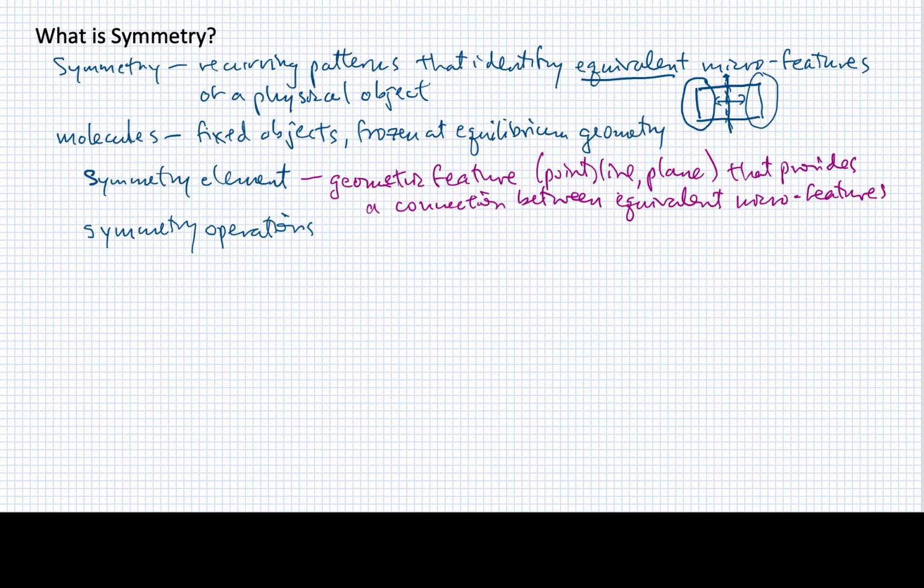All right, so in case of this rectangle, this plane here would be the symmetry element. All right, and that is the thing that relates the left side to the right side.